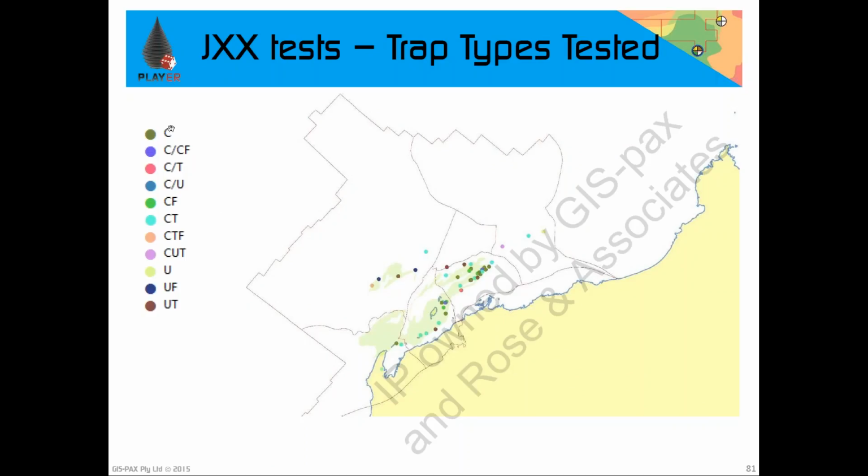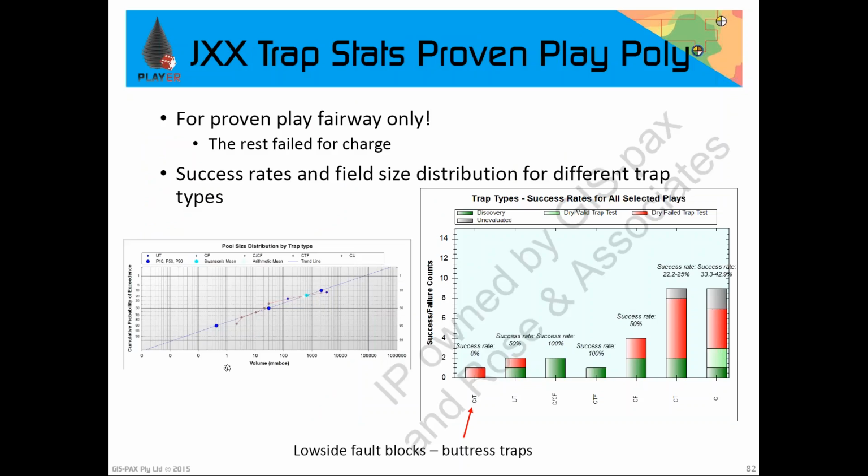So if we now look at what's been tested just within that polygon, not these wells outside, because clearly these have failed for other reasons, but in the area where we believe that everything should have worked, what happened with these different types of traps? Well, we can look at the log normal distribution of the actual volumes that were found, and we can play some games with that.